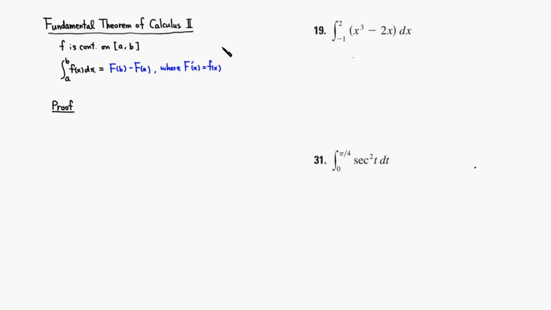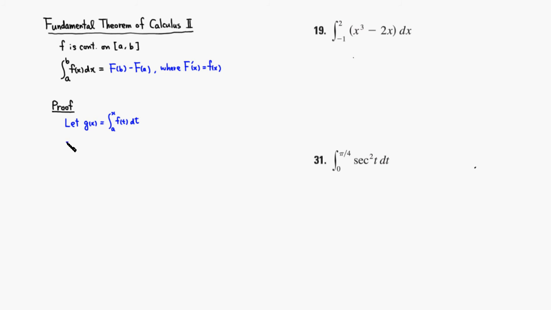Alright, let's first try to prove this theorem. So first we're going to let g of x be equal to the integral from a to x of f of t dt. Right?